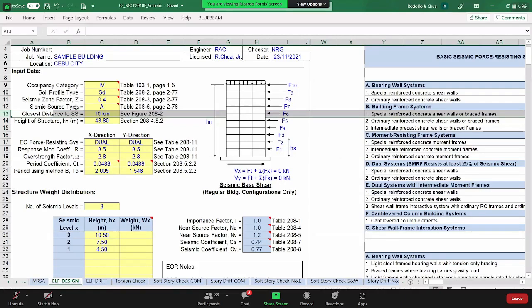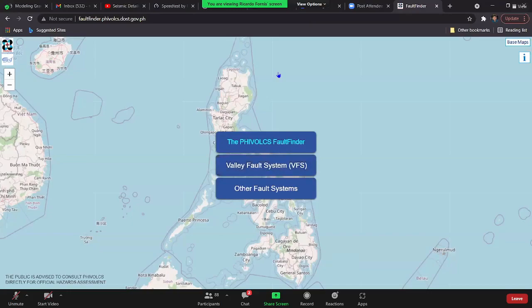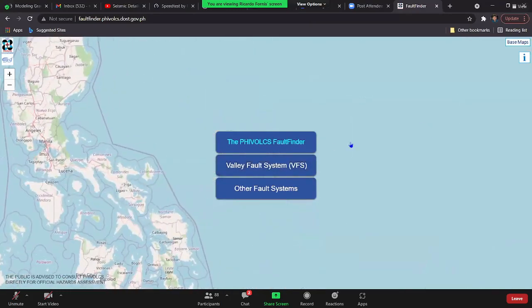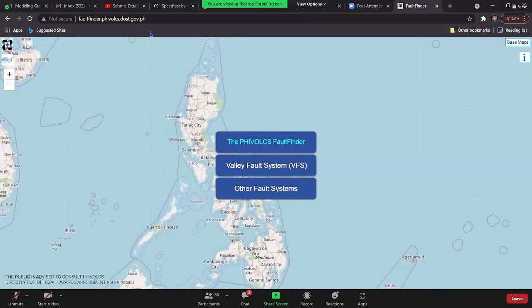So you have to determine the exact location of your building, tapos i-determine mo pilay distance of that building to the fault. So how do we identify this one? Now, ang PHIVOLCS, they have what we call the fault finder nga app. You can download it sa cellphone ninyo.